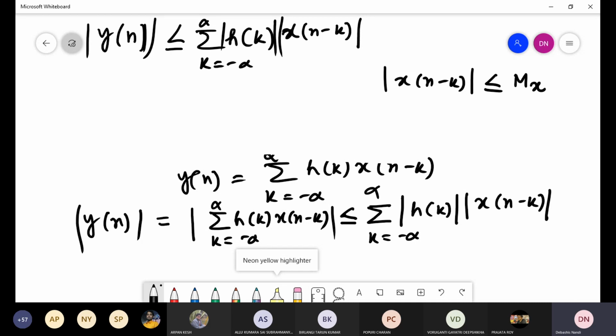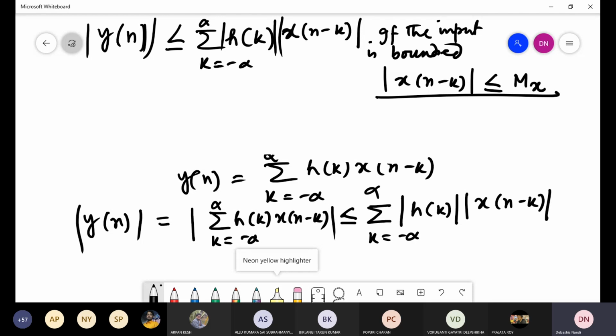If you put a bounded input to the system, if the input is bounded, then this condition should be maintained, this less than infinity. Input is bounded here.